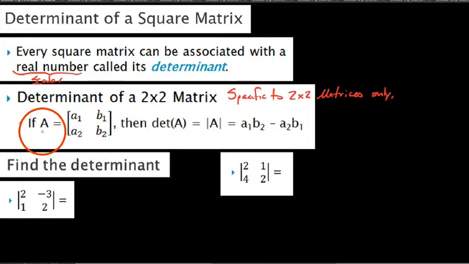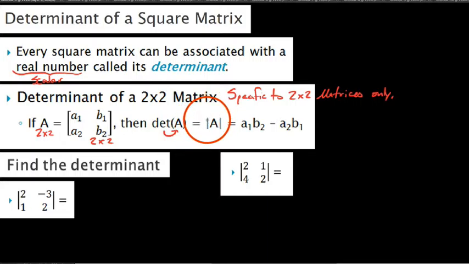We say that if we have some matrix A here, and I notice that A is specifically a 2 by 2, so I'll make a little note here. This 2 by 2 is populated by a sub 1, b sub 1, and then a sub 2, b sub 2. You notice that I'm using brackets here to indicate that this is a matrix, and also a capital letter. We say then that the determinant of A, and this is how we'd express this, we write DET and in parentheses A. So basically the determinant of whatever we put in here.